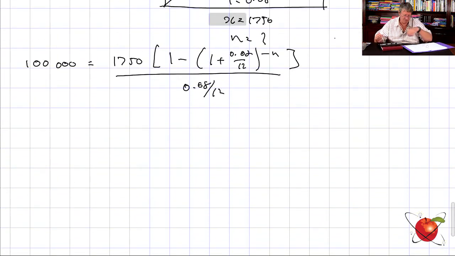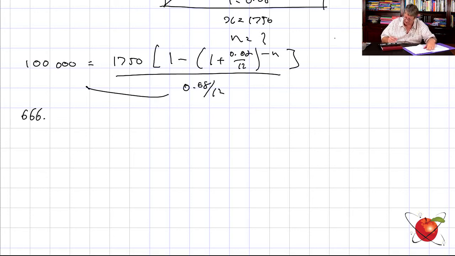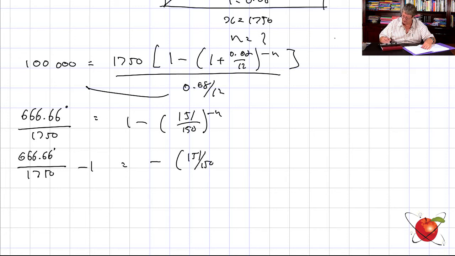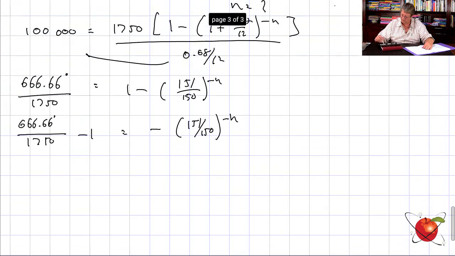Now if I calculate this, I get that multiplied across gives me 666.66 recurring, divided by 1750 is equal to 1 minus (151 over 150) to the minus n. Therefore, I'm going to take that across, and I get 666.66 recurring over 1750 minus 1 equal to minus (151 over 150) to the minus n.